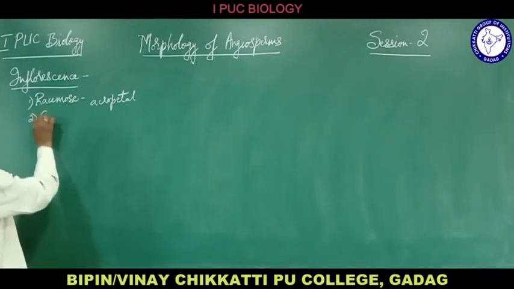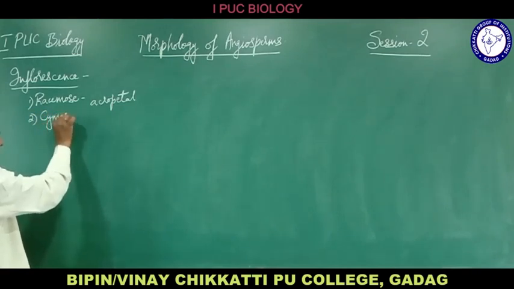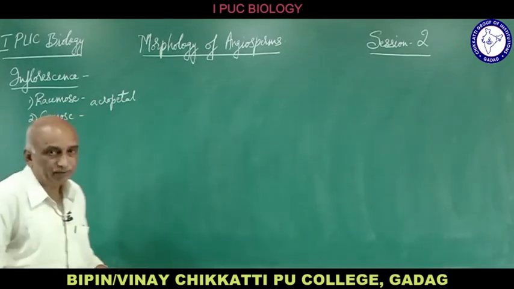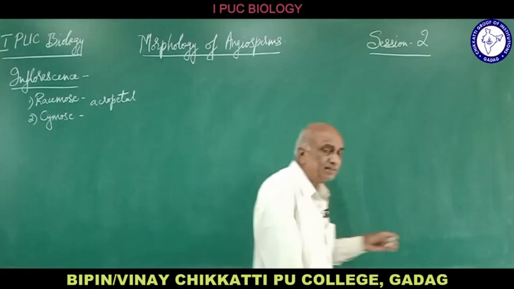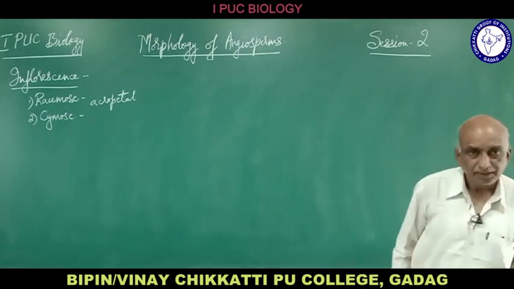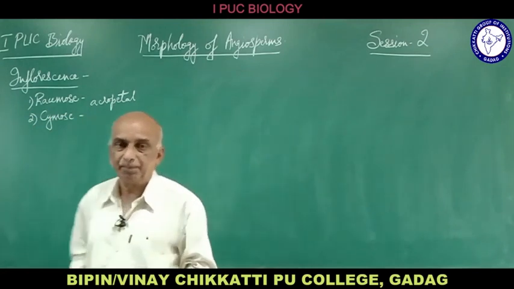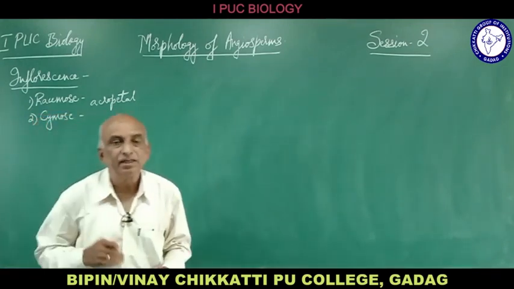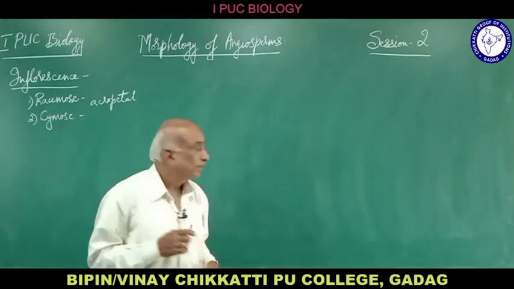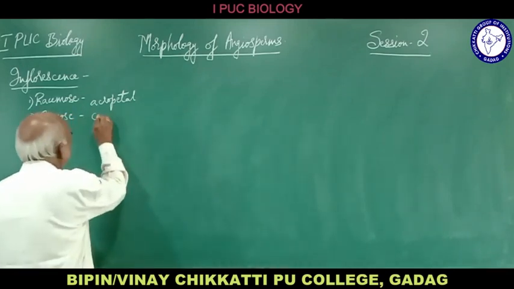And if the floral axis has a definite growth, it is called cymose inflorescence. Here the older flower is at the tip, and the younger flowers are at the lower side. This is called centripetal succession.